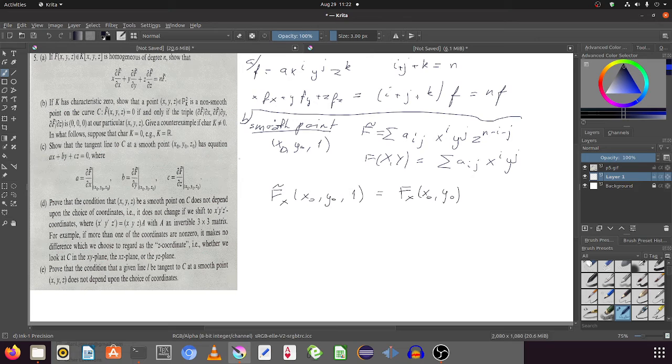But where did I use that we had characteristic 0? We'll have to find the counterexample to understand where I went wrong.